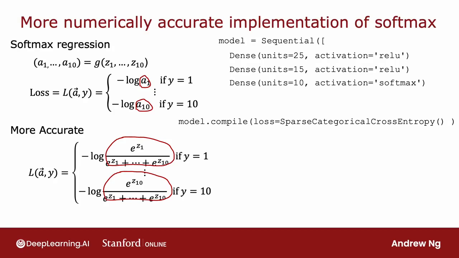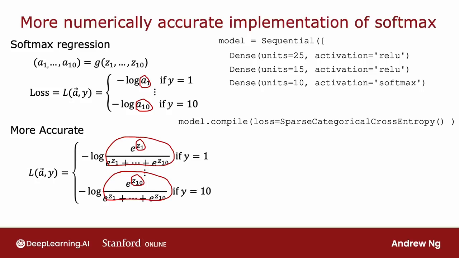Just to give you some intuition for why TensorFlow might want to do this, if one of the z's is really small, then e to a negative small number becomes very, very small. Or if one of the z's is a very large number, then e to the z can become a very, very large number. And by rearranging terms, TensorFlow can avoid some of these very small or very large numbers, and therefore come up with a more accurate computation for the loss function.